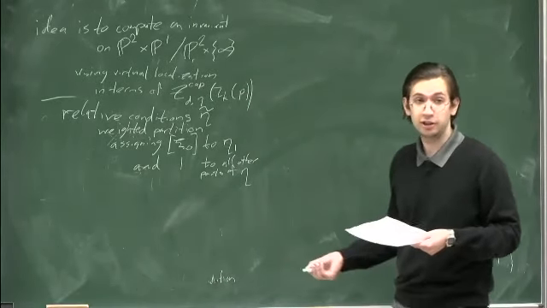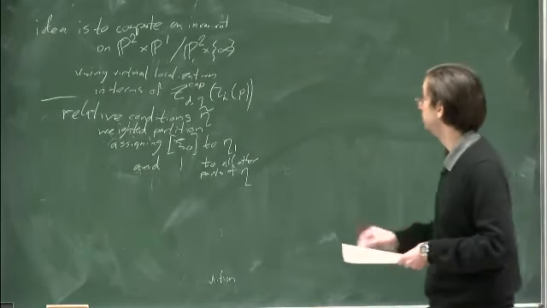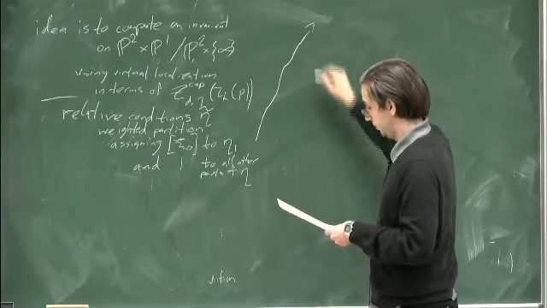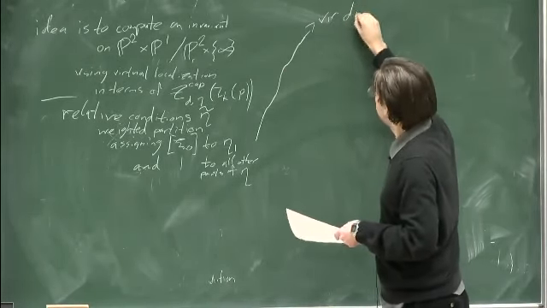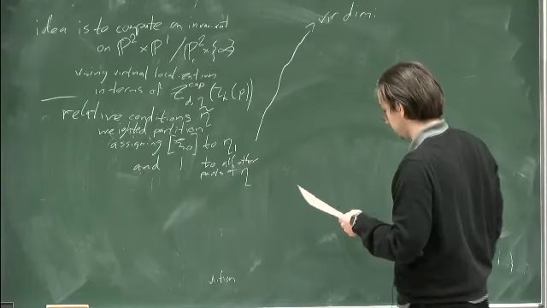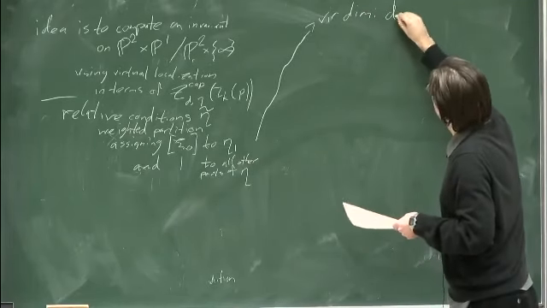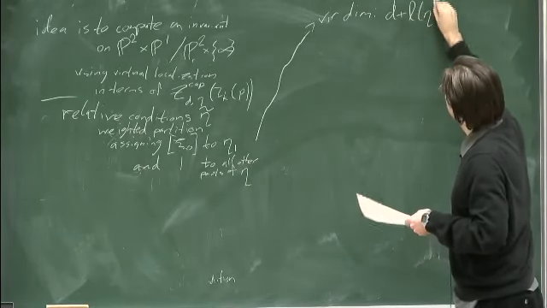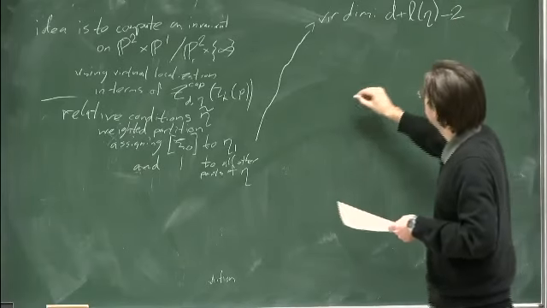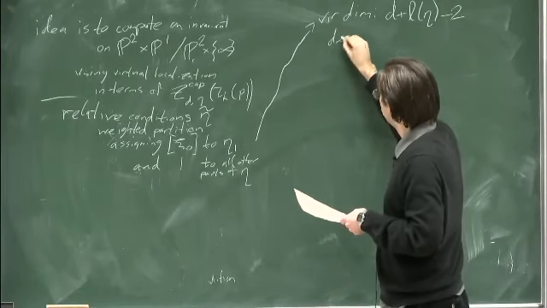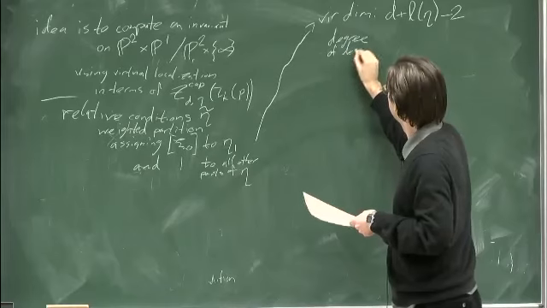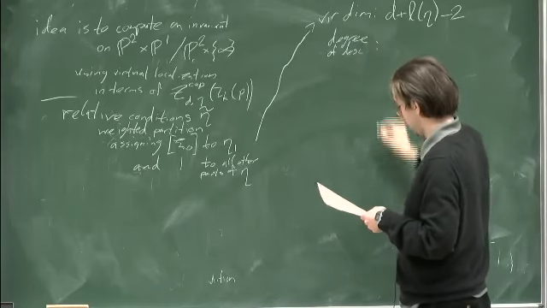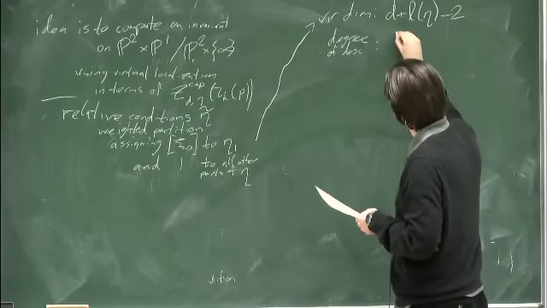If we work out the dimensions of stuff, the virtual dimension with this relative condition imposed turns out to be d plus the length of the partition eta minus 2, and the degree of the descendants is just k.